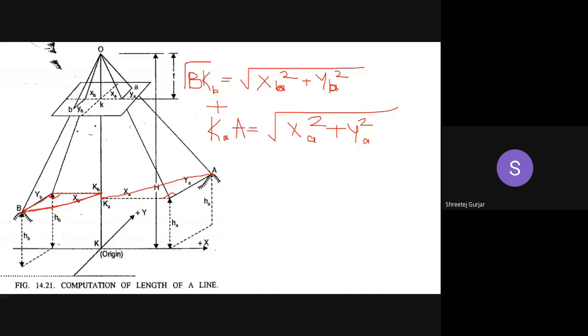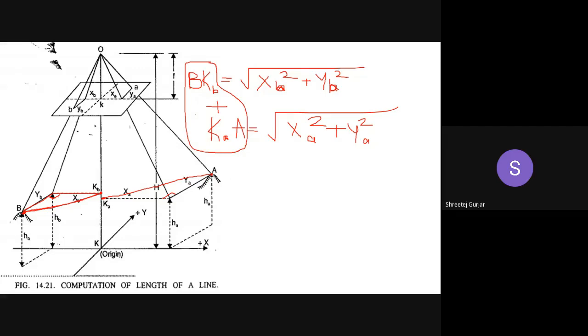If you add these two distances, you will get the distance from point A to point B. That is the length that we are concerned with.